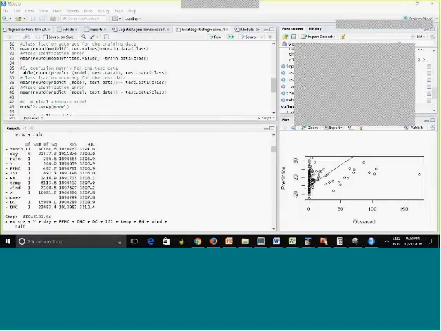RSE, does it mean? Oh, yes, that's right. Excellent. Yes, it tells you how far off it is. But you would have to take a square root because it's squared.